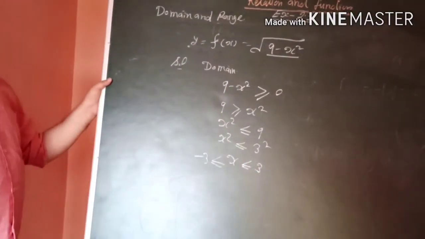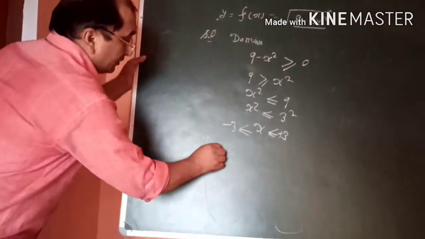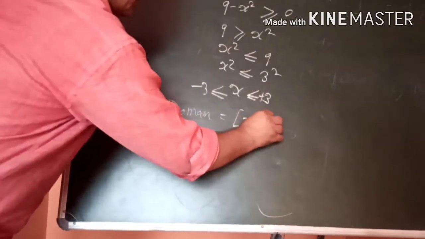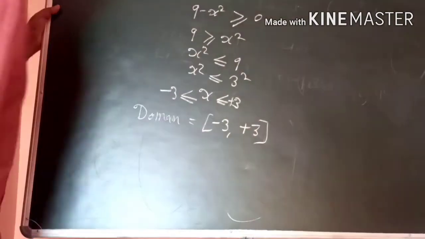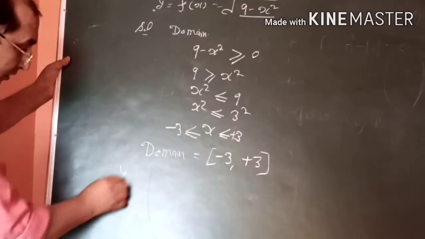less than or equal to plus 3. So its domain will be minus 3 to plus 3. But how will the range come?